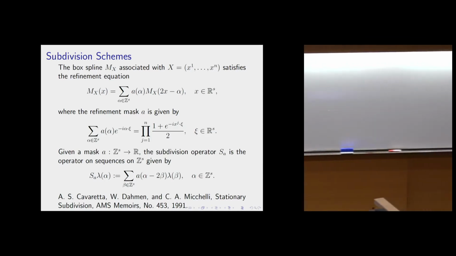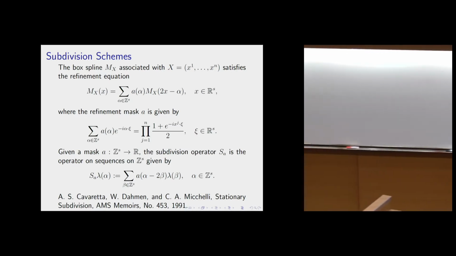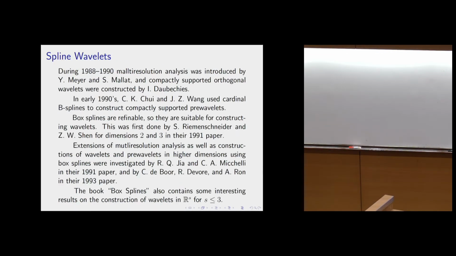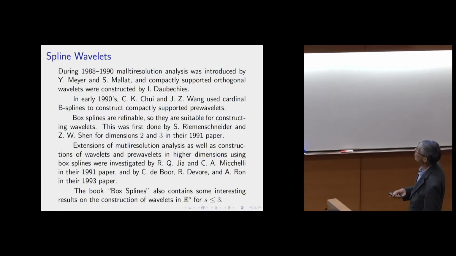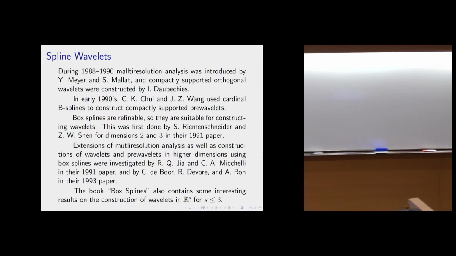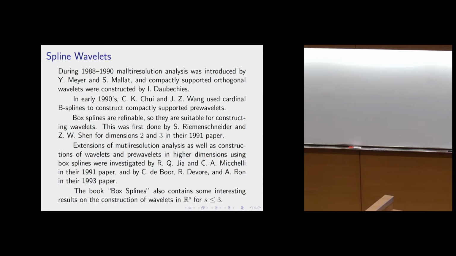For stationary subdivision, this is the AMS Memoir by Cavaretta, Dahmen, and Micchelli. And also for spline wavelets. Spline wavelets we use now for univariate cardinal splines; we know that was Charles Chui and Jianzhong Wang's work.